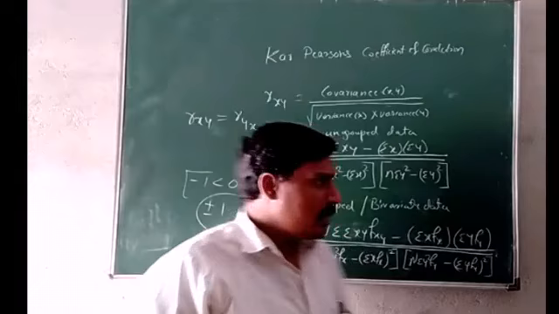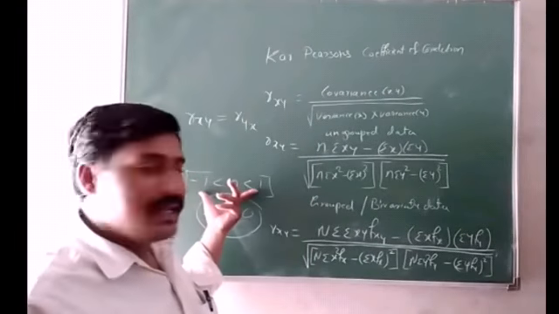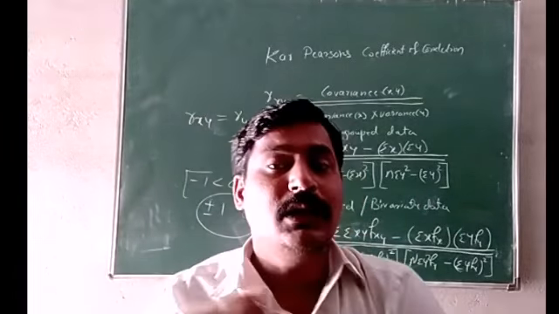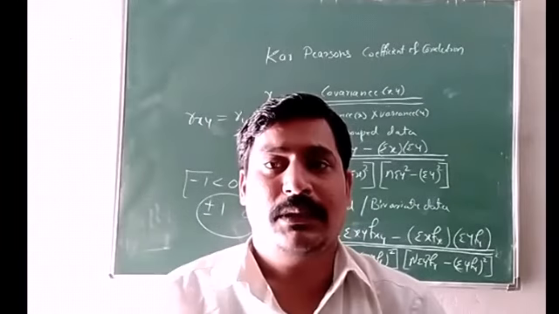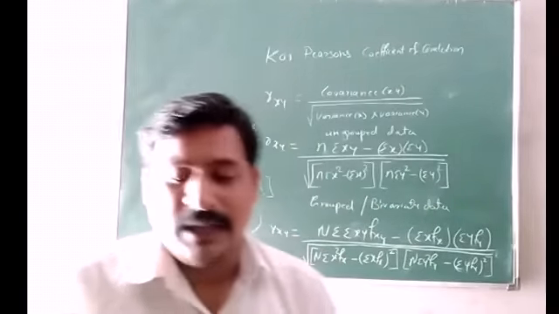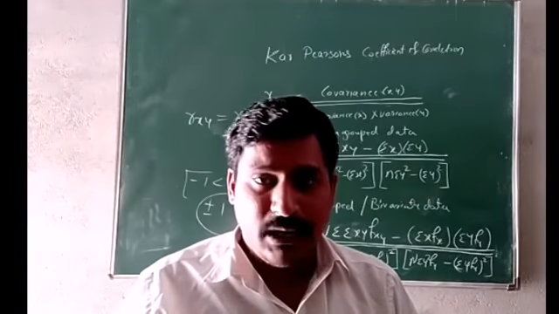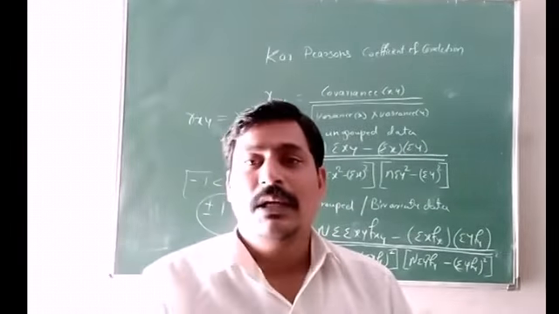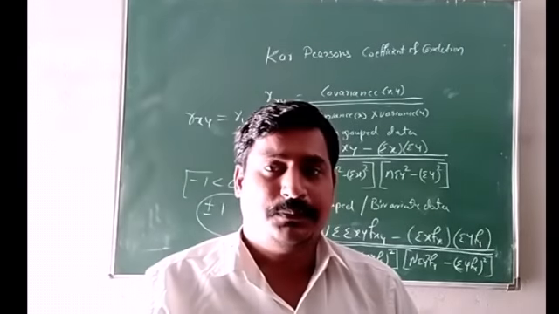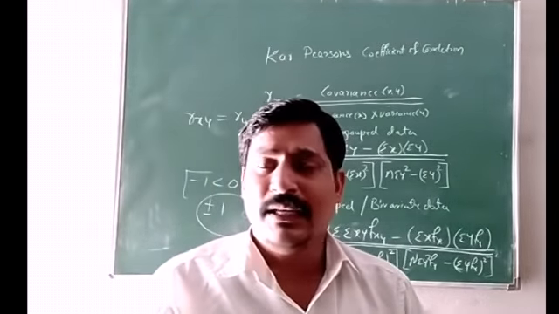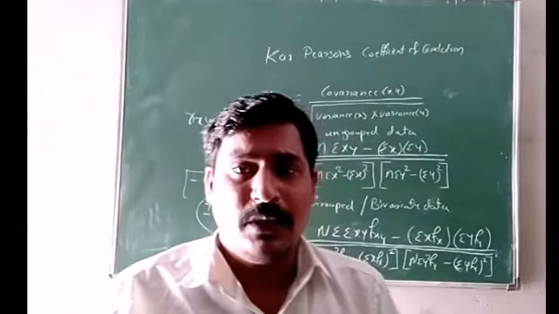Now I said the answer lies between plus or minus 1. Based on that, how do we interpret the correlation between the variables? A positive value of r indicates positive correlation. If we get a negative answer between 0 and -1, then we say there is a negative correlation between the variables.